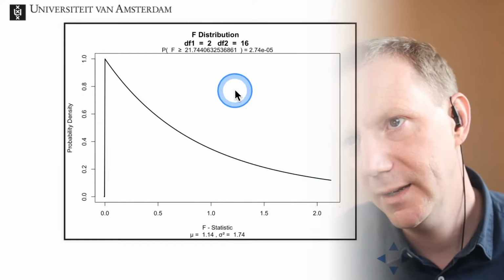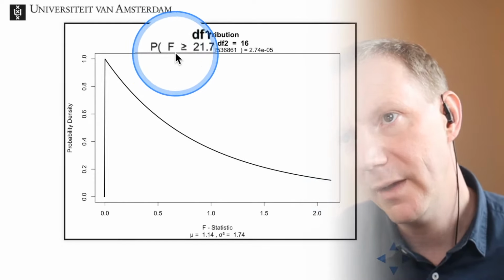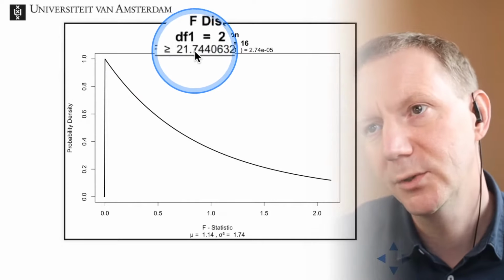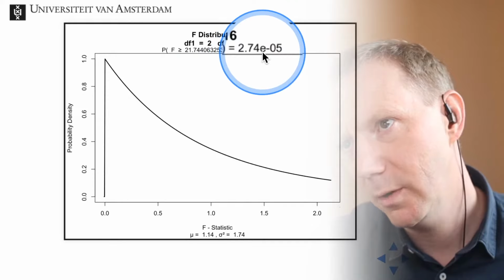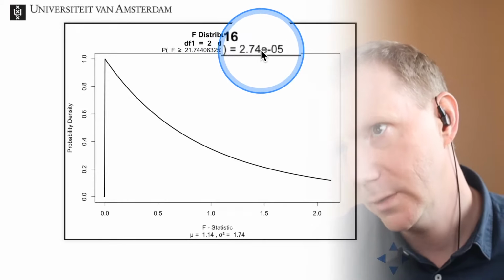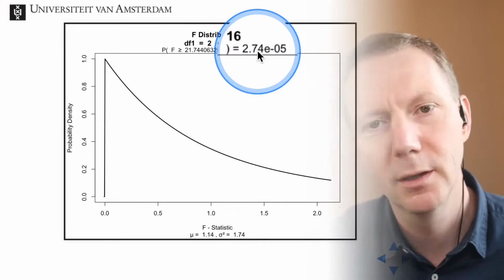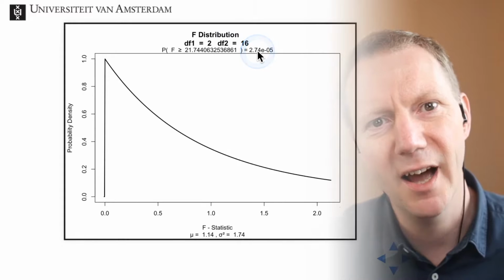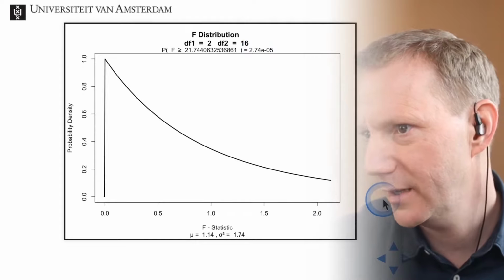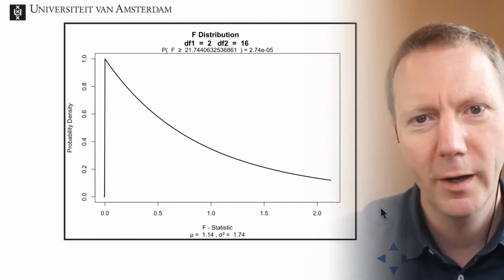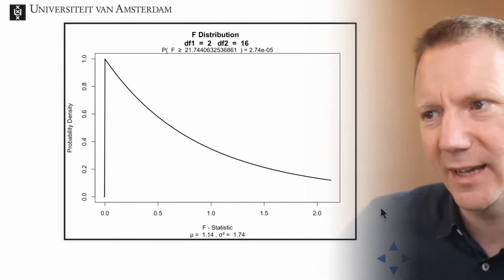So what it's stating here is that the probability of an F value larger or equal to 21.7 is equal to 0.00000027. So this is highly significant. The F value is off the charts.